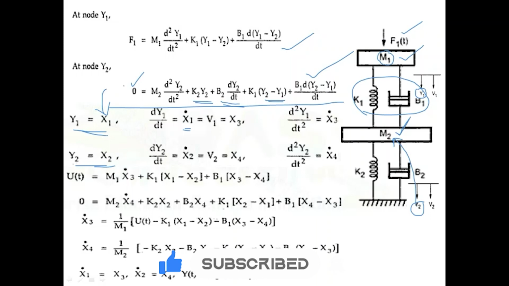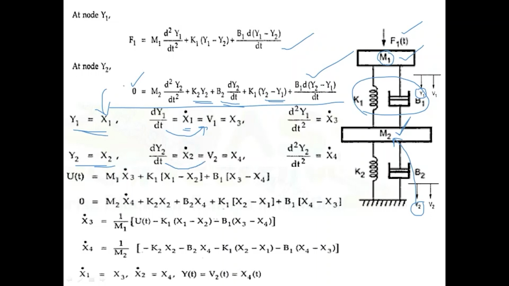Similarly, y2 equal to x2, dy2 divided by dt is equal to x2 dot. I found out x1 dot and x2 dot. The differentiation of the displacement is nothing but the velocity, that is given by v1. Similarly, the displacement for mass 2, that is y2, if I differentiate, I will get v2. As we already assumed, v1 is nothing but x3 and v2 is nothing but x4. We have already taken these two as state variables.